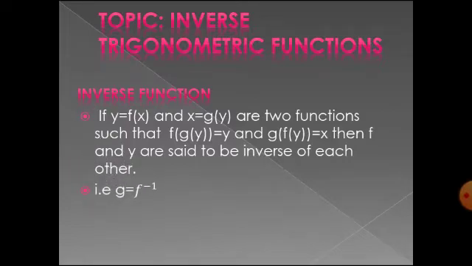It means that g is equal to f inverse. If y is equal to f of x, then x is equal to f inverse of y. When you shift this f towards the left hand side, it is nothing but f inverse of y.